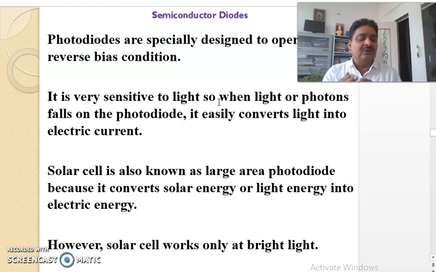However, solar cells work only in bright light, but photodiode is very sensitive to light. If dim light is also incident on it, it will generate current or voltage. So this is one of the advantages of photodiode.